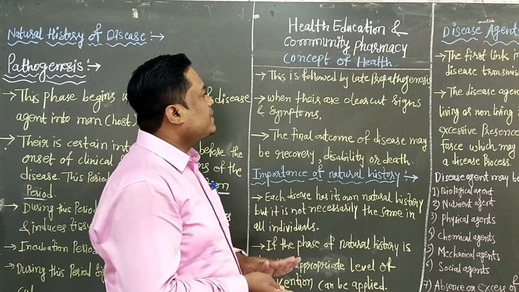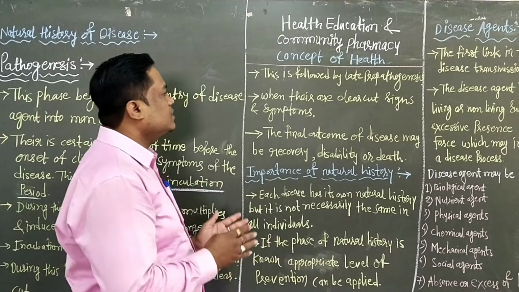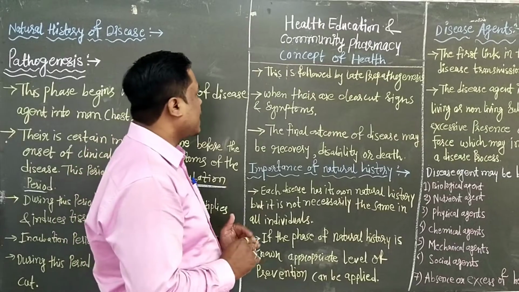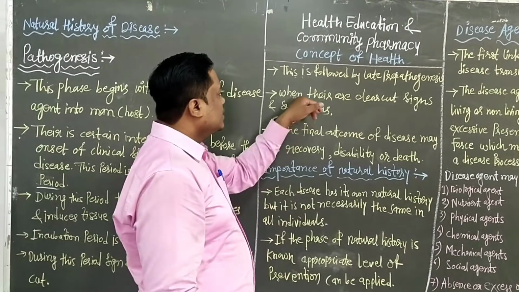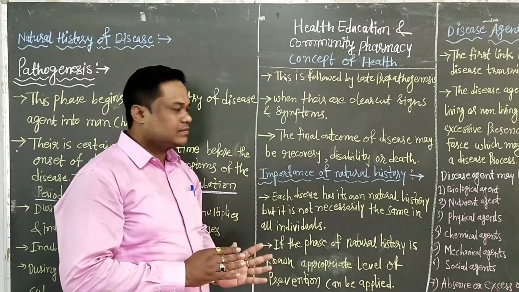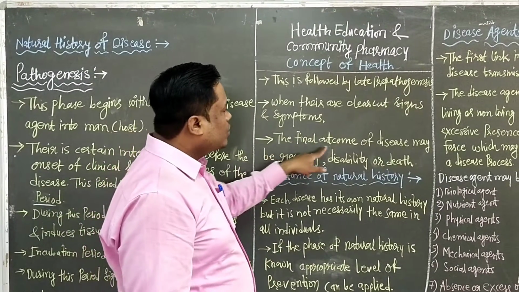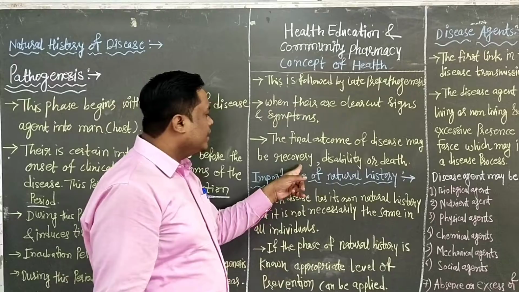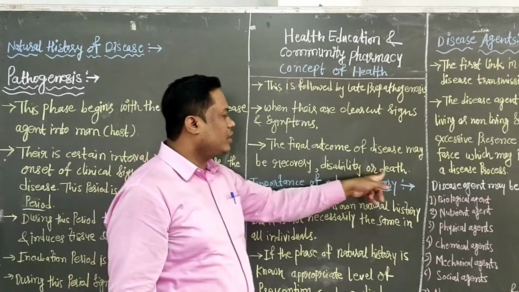After the pre-pathogenesis process, this is called the pathogenesis process. After incubation of some time, clear-cut signs and symptoms occur. The final outcome of the disease may be recovery, disability or death.